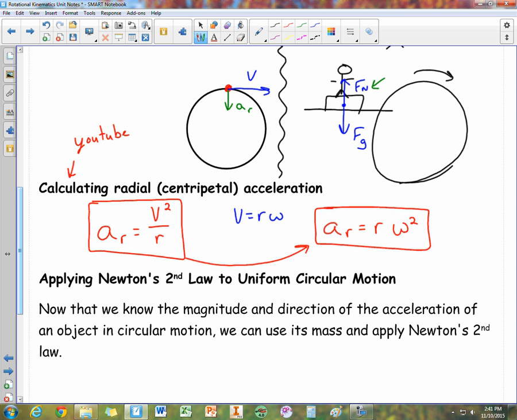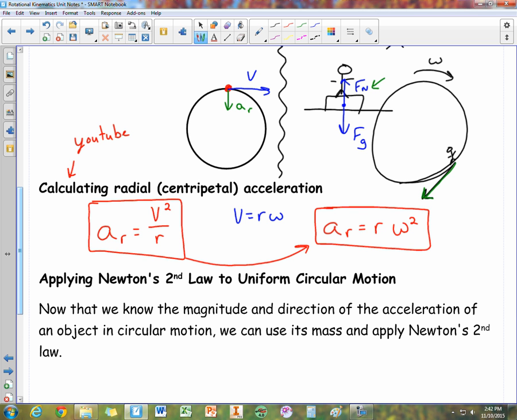If you were an object inside the space station, and the space station is rotating at some sort of angular velocity or even at an angular frequency, well, your body would wish to follow a straight line path. Your body would wish to follow some path that is tangent, kind of like the velocity.